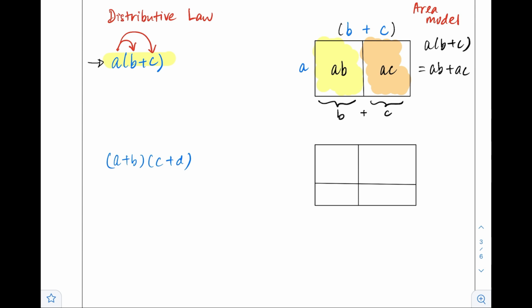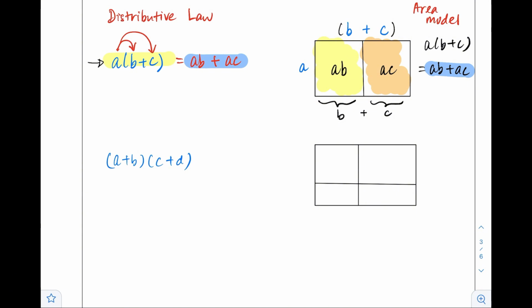Okay, distribute it into every term in the bracket. So what we will have is a times b, ab, plus a times c, ac. Okay, notice that the answers are exactly the same whether you use the area model or the distributive law.